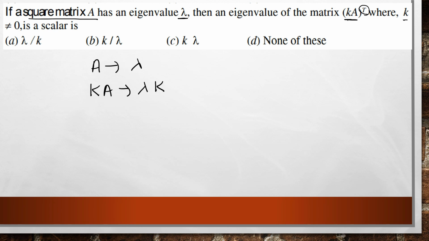And eigenvalues of A and A transpose are the same. If you have any eigenvalue lambda for some matrix, then you will have the same eigenvalues for the transpose also. So if the KA matrix has eigenvalue K lambda, then the eigenvalue of KA transpose will obviously be the same, right? So option C is correct. These properties are very much important. Fine, let's move to the next one.